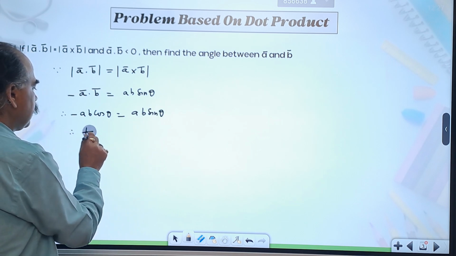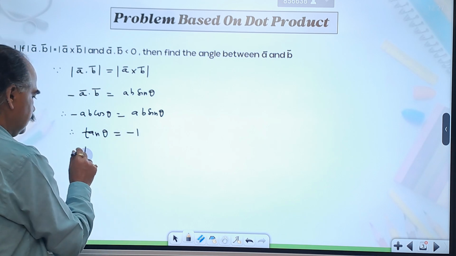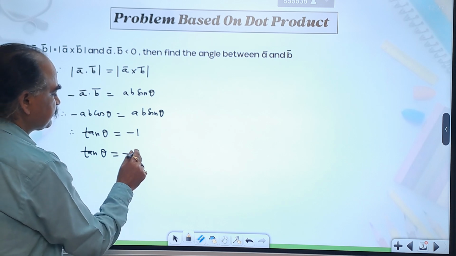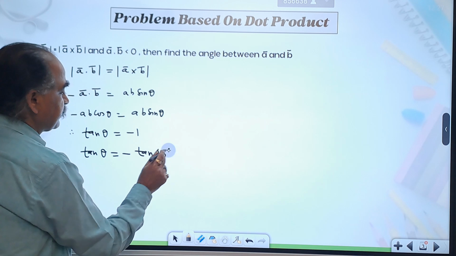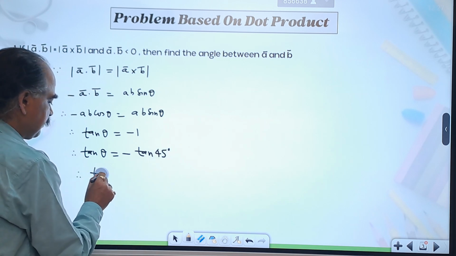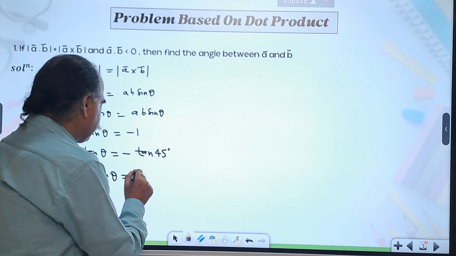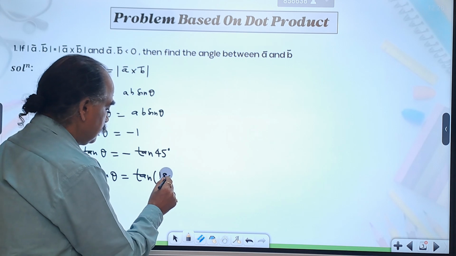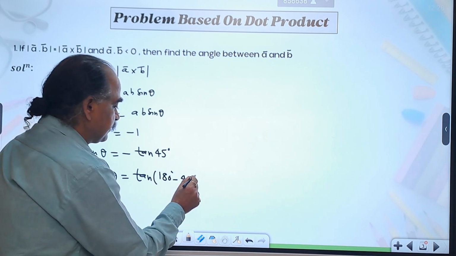So tan theta is minus 1. Tan theta is minus tan 45 degree. So tan theta will be what? To remove this minus sign, we will write tan 180 minus theta, which is 45 degree.